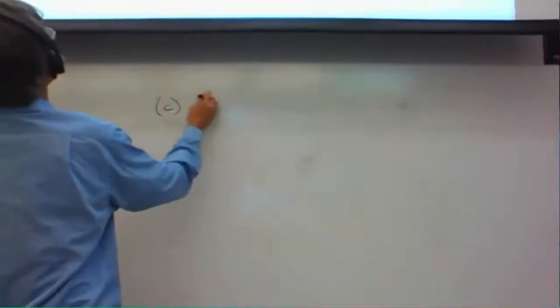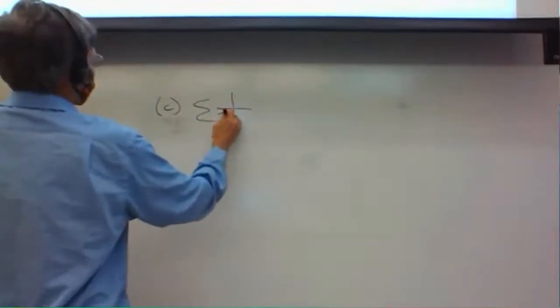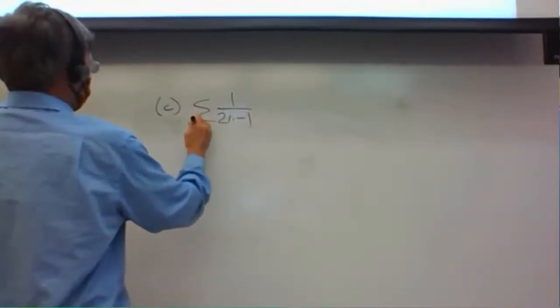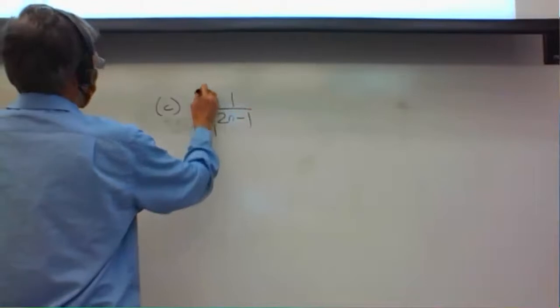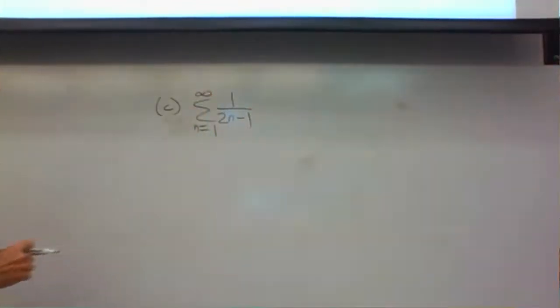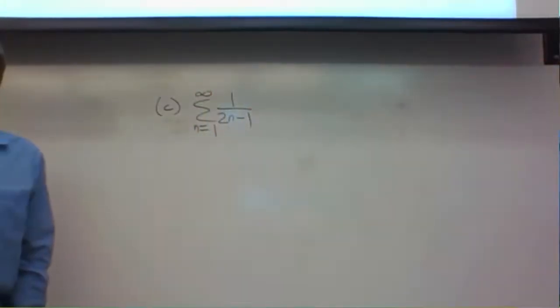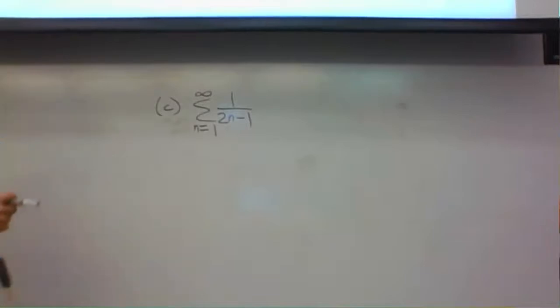Oh, by the way, on this last one, 1 over 2n minus 1, how about that one? Does this one converge? Sum 1 over 2n minus 1, n equals 1 to infinity. This is a good illustration too. It isn't geometric or telescoping, but maybe that's a hint.